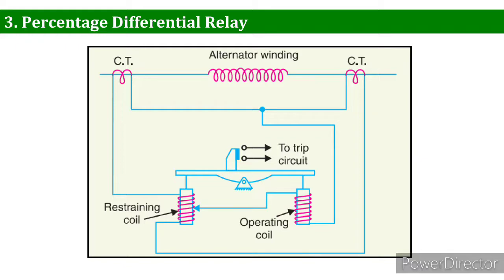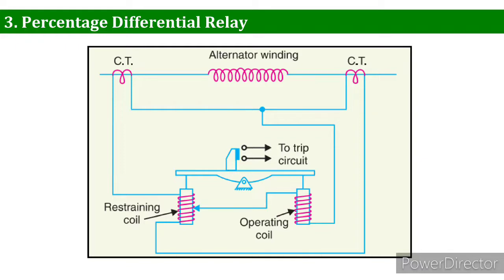You can see in the figure there are two CTs, and just for the sake of example, these are installed on an alternator winding. In the figure, which shows the basic construction of this relay, you can see it is essentially an overcurrent balance type of relay with an additional restraining coil.